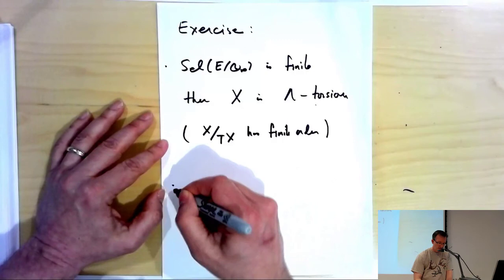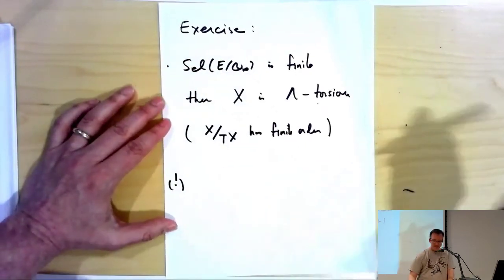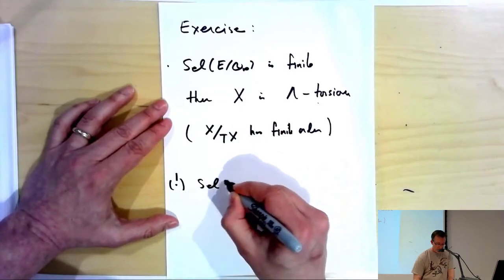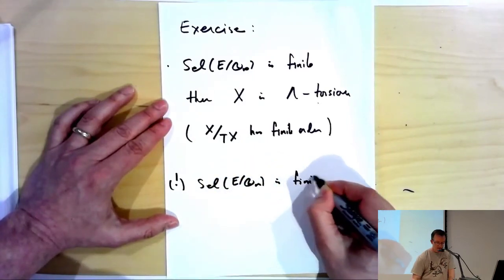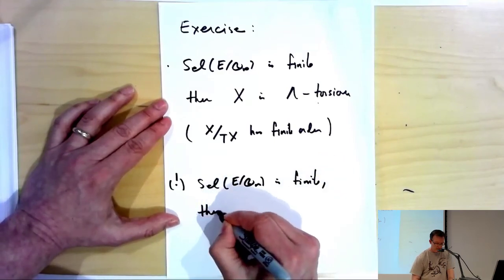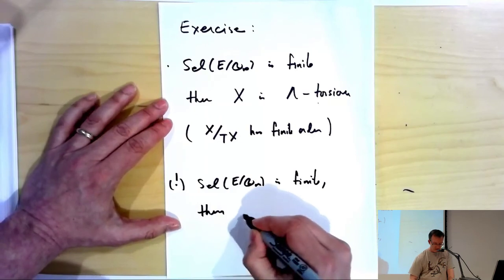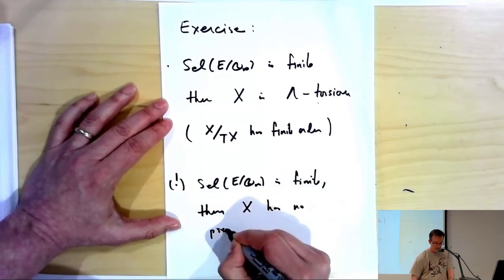This is a much harder exercise, so I'll use an exclamation mark. So this is finite. Then X has no pseudo-null submodule.